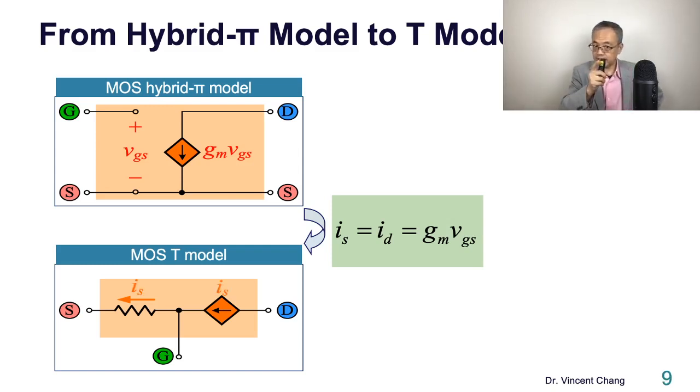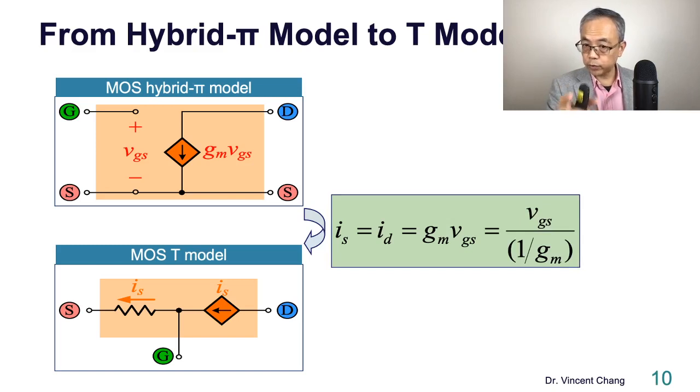So you see IS is the current controlled current source. On the top is the voltage controlled current source, but on the bottom is the current controlled current source. ID is IS, and the controlling ratio is unity, which is 1.